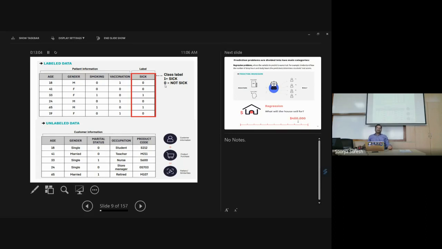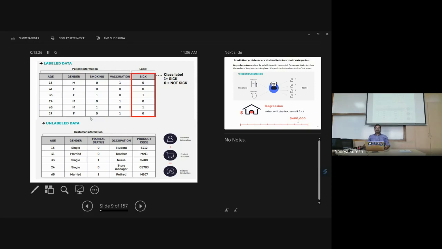So that's all we can do if we have labeled data, and that's what we call a supervised problem. In the case of unlabeled data, we don't have any extra information, that is, a label. That's called an unsupervised scenario, where unsupervised means we don't have guidance or extra information.